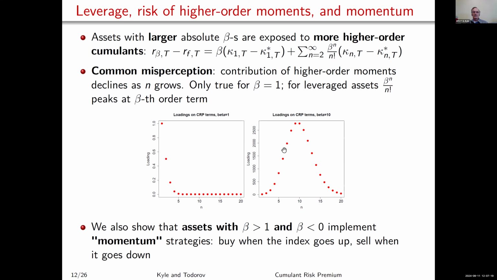But if it's a highly levered asset, they don't. They actually multiply as you go through the Taylor series expansion. And this number here is 2,500 for beta equal to 10, as opposed to something that's essentially 0. So the high order cumulants potentially become much more important.